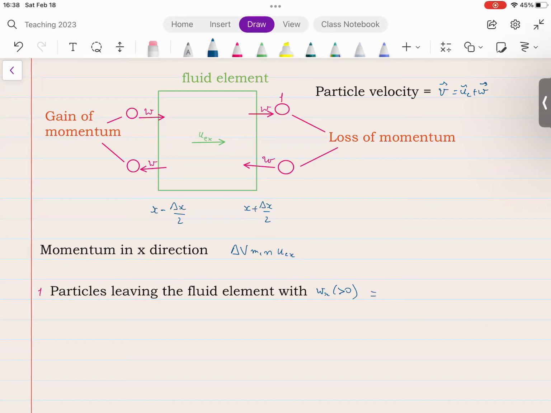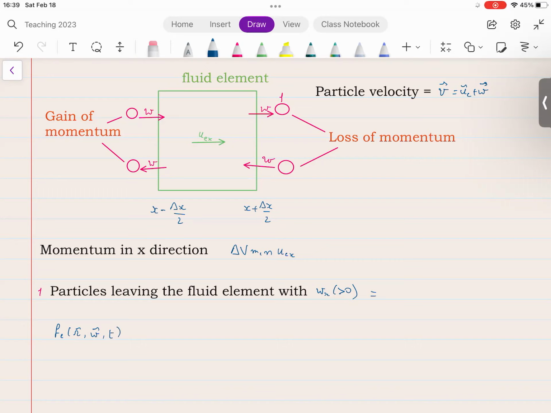That's going to be equal to my distribution function of the electrons, which is a function of the position r and a function of the velocity. I'm going to express it in terms of w.